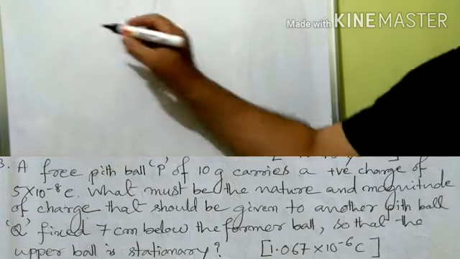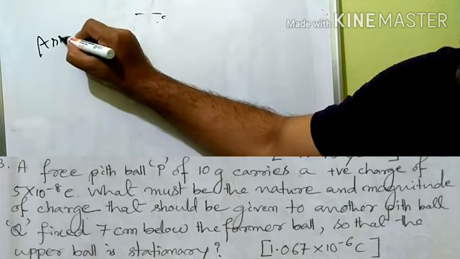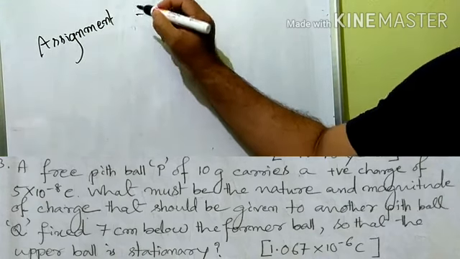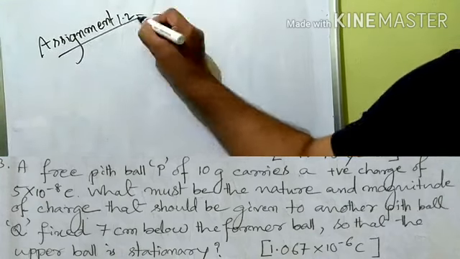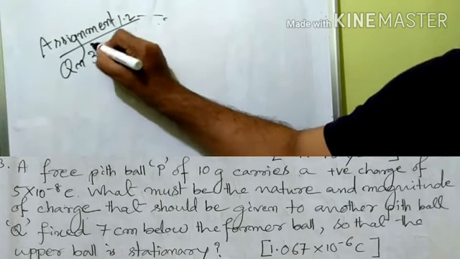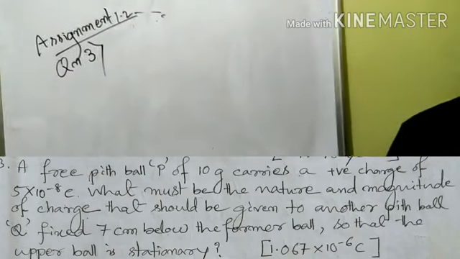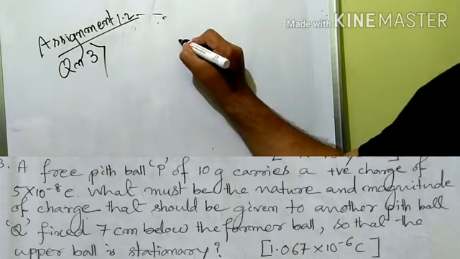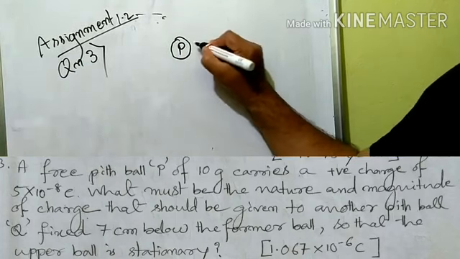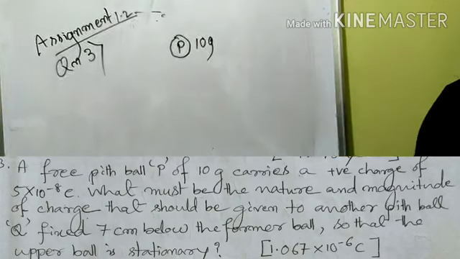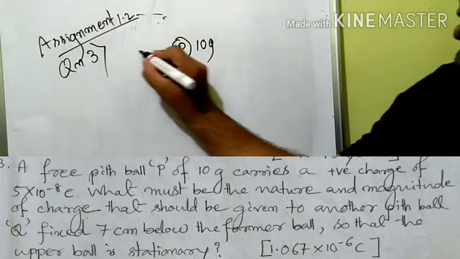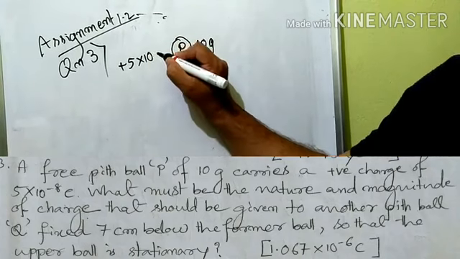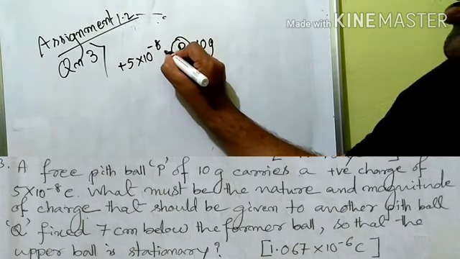Okay, so okay, I erase that thing. Assignment 1.2. Now question 3 I am discussing. 2 I left for you homework. Now what this question says, a pith ball P of 10 gram, there is a ball P 10 gram, carries a positive charge of, okay, charge is given, charge of plus 5 into 10 to the power minus 8 Coulomb.